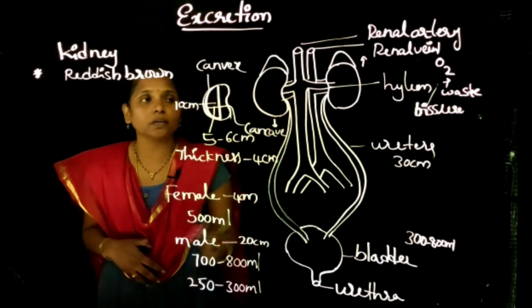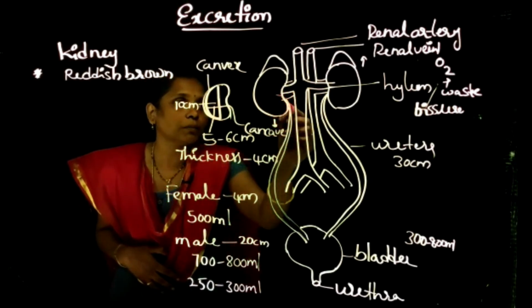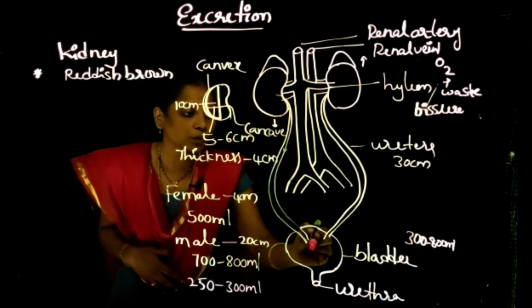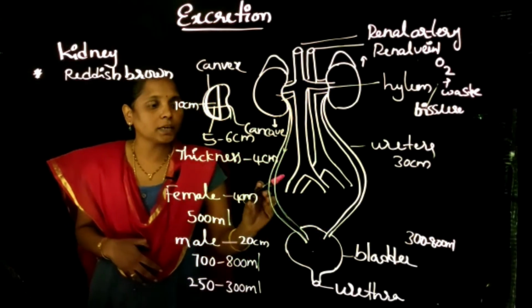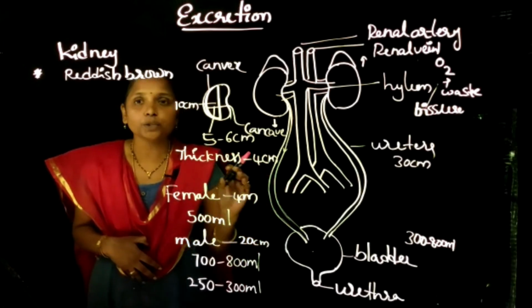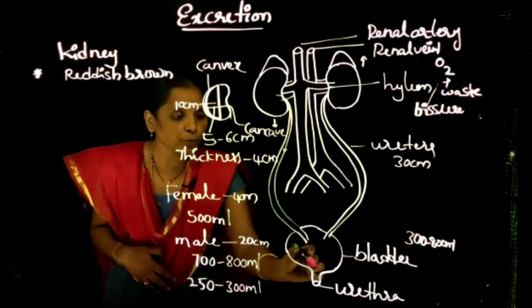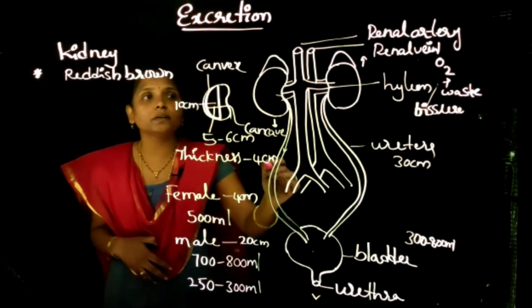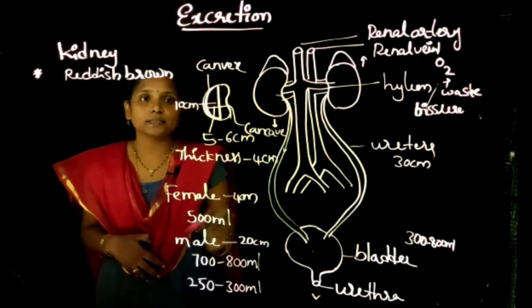Then the urine passes through the ureter and enters the bladder, where it is stored temporarily, and then it passes through the urethra. Commonly our kidneys work in this manner.